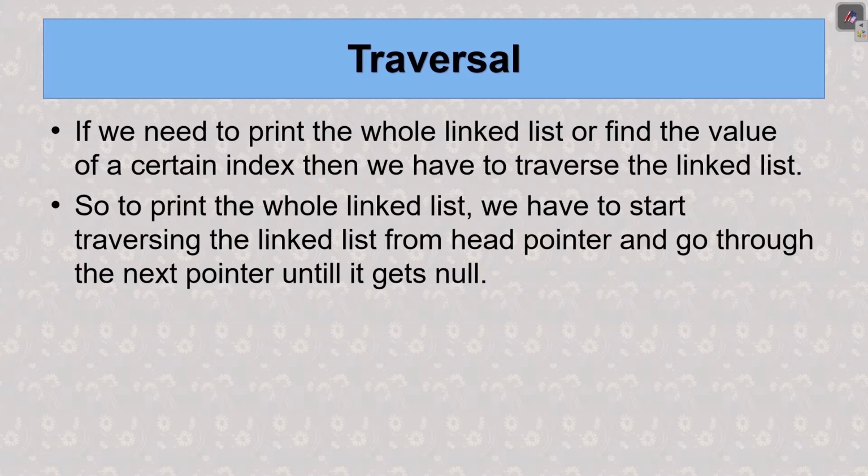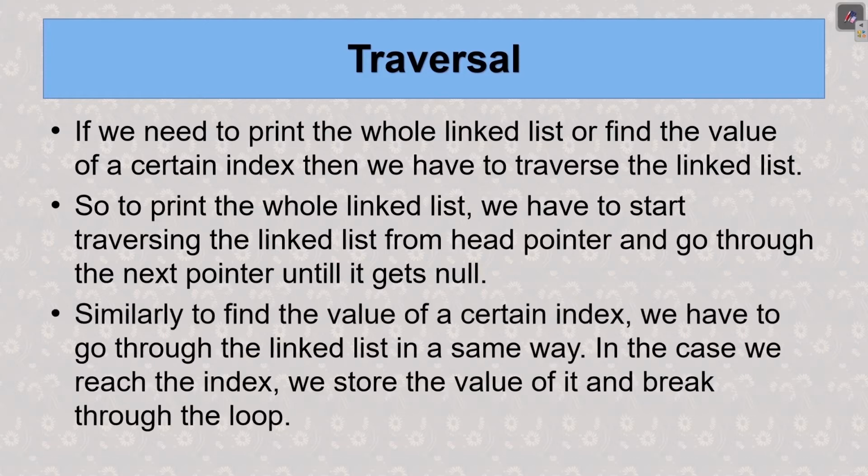Then from this pointer, we have to go through the next pointers until it gets null. When we get null, we will reach the end of the linked list, right? Similarly, to find the value of a certain index, we have to go through the linked list in the same way. In case we reach the index, we extract the value of it and break out of the loop.